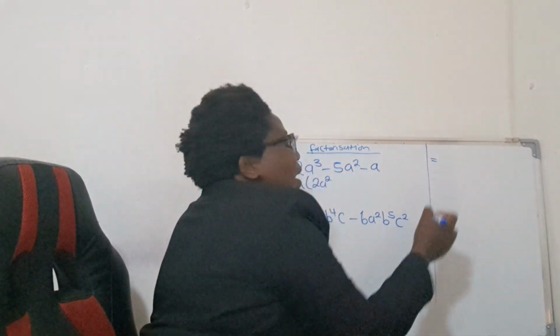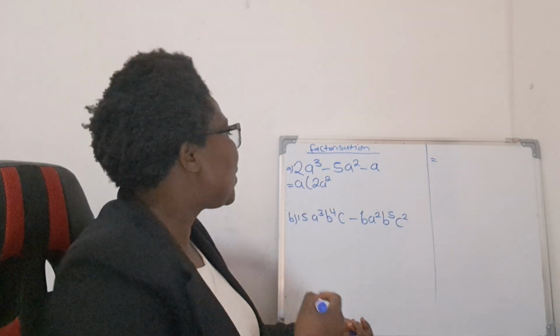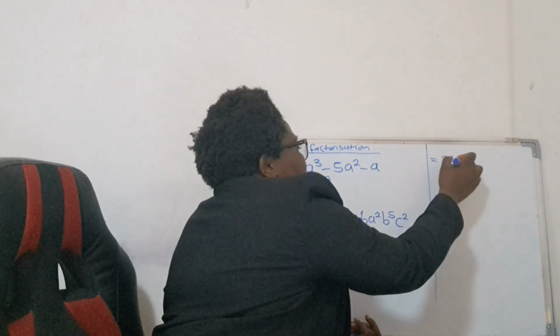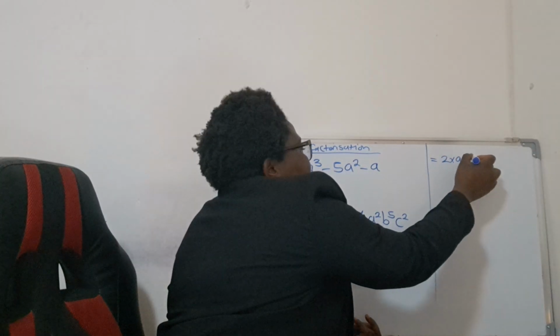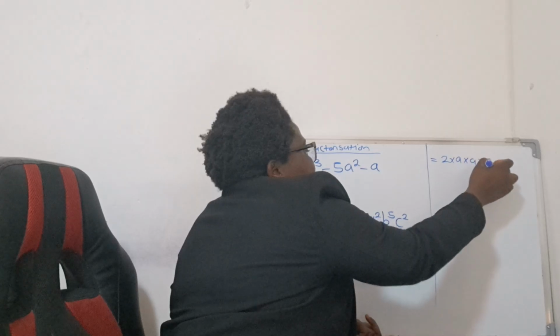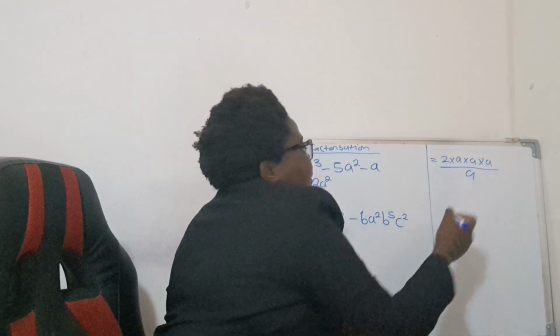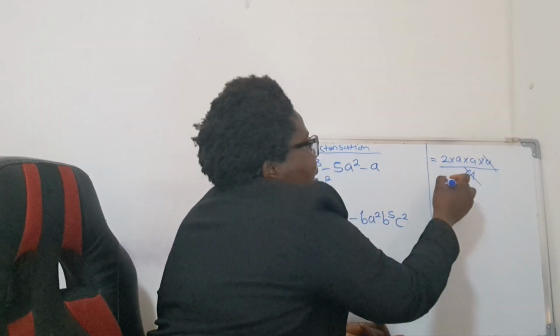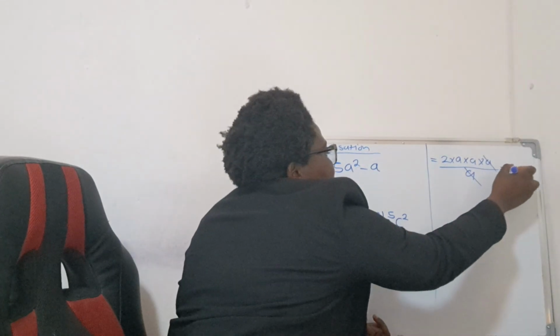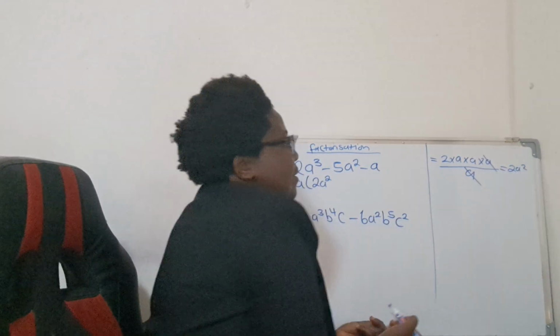You divide each and every term by a, so it's 2 times a times a times a divided by a. These cancel each other, and that's where we get our 2a squared.